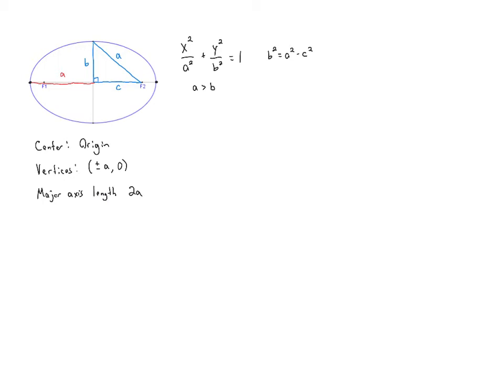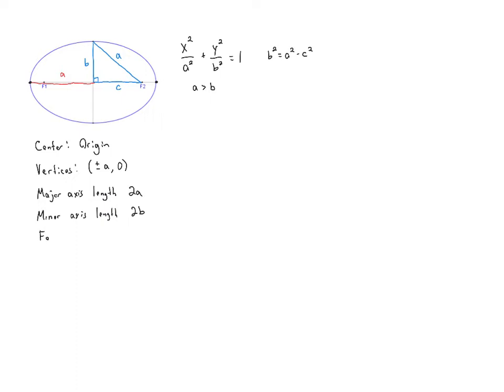Now, we also have what we call a minor axis. That is kind of the width in the other direction, perpendicular to the major axis. And the minor axis length is going to be 2b, because of course we can go up b and then down b, and we end up with 2b.